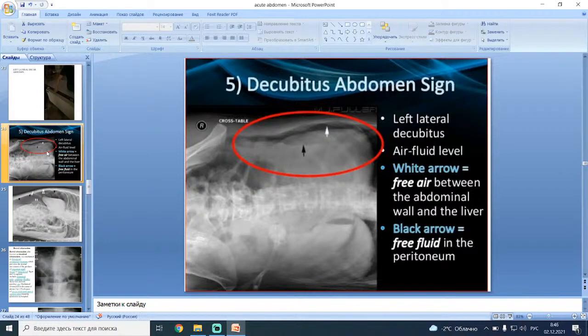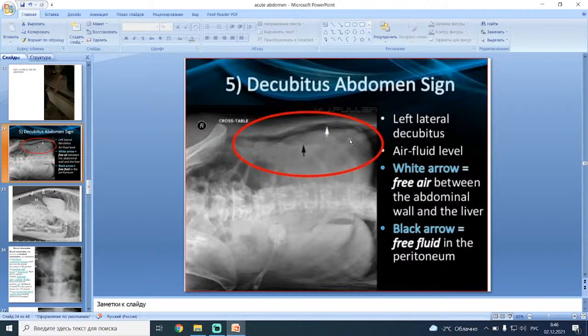We can use the decubitus abdomen X-ray when the patient lies on the table in front of the X-ray machine. And in this slide you can see two signs of decubitus abdomen.